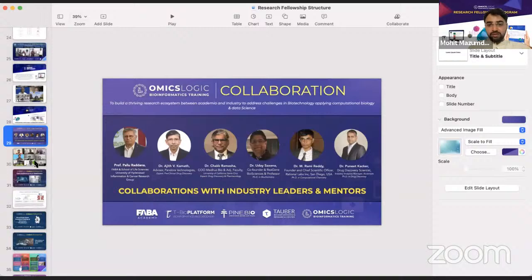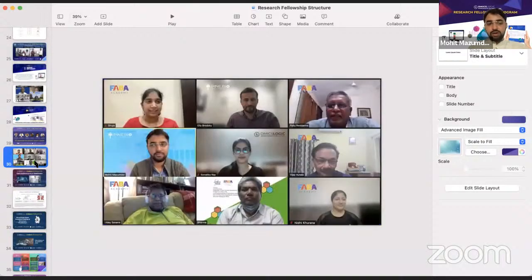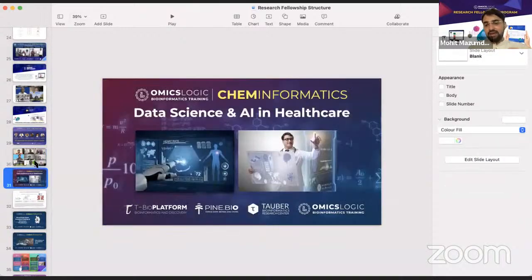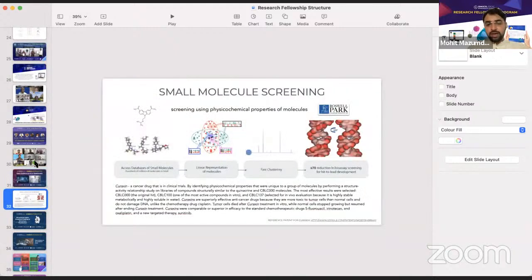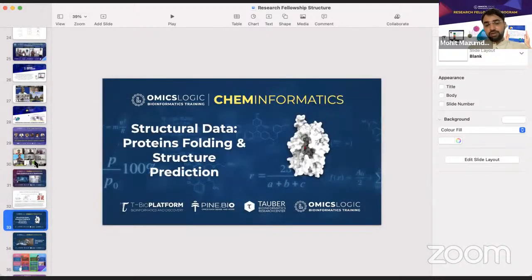So one of the objectives of this collaboration is to be able to develop resources in data science and AI in healthcare. And I'll be working very closely with a group of people here, developing technologies and resources for students, and also giving students an opportunity to work on projects related to AI in drug discovery, where we are thinking about small molecule screening, using information from protein folding, structure prediction using AlphaFold, that you must have heard about.